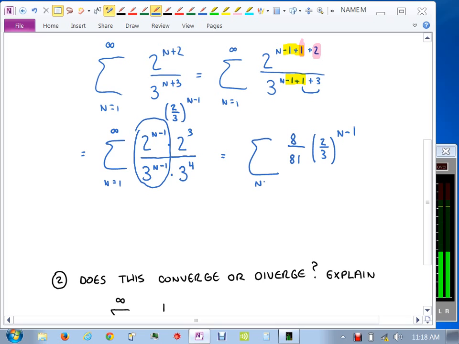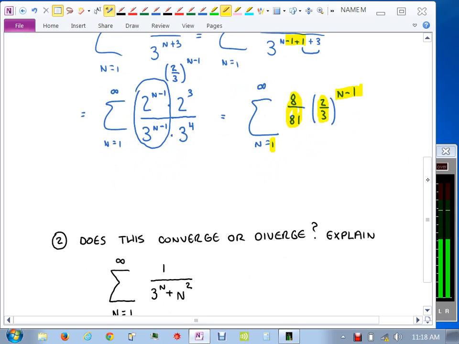I have n equals 1 to infinity, and that is a perfect geometric series now, right? I have my n starting at 1. I have my n minus 1. I have my r. I have my a. Got it?